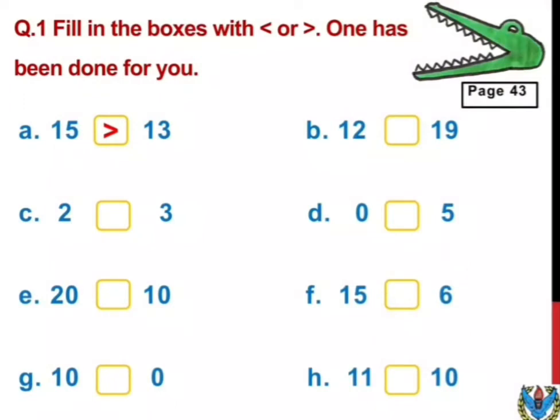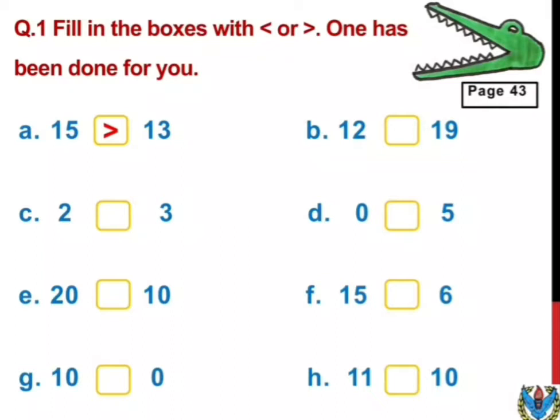Now go to page number 43. We will be starting with question number 1. Fill in the boxes with less than or greater than. One has been done for you. Look at part A. It has already been done in your Countdown Book 1. We are given 2 numbers, 15 and 13. First of all, we have to see to which column these numbers belong.